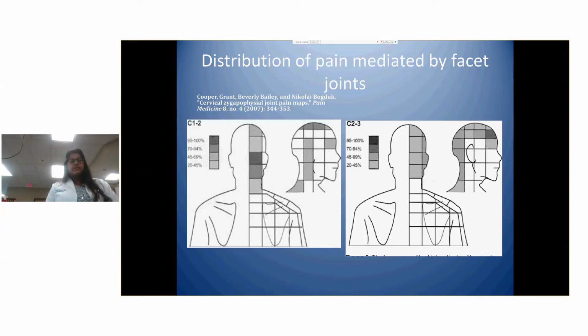I found this interesting because at C1, C2, you can see a high percentage of patients also were found to have pain at the top of their head, right? And then at C2, C3, you see a lot of patients seem to have that distribution of pain at the front of their head. So these are from very high cervical facet levels with those types of distribution of pain.